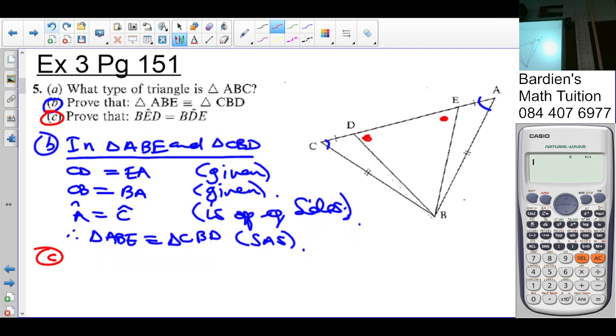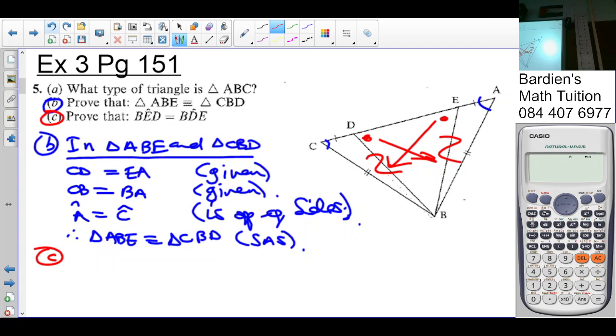If that was equal, then DB would be equal to EB. Why? Sides opposite equal angles.